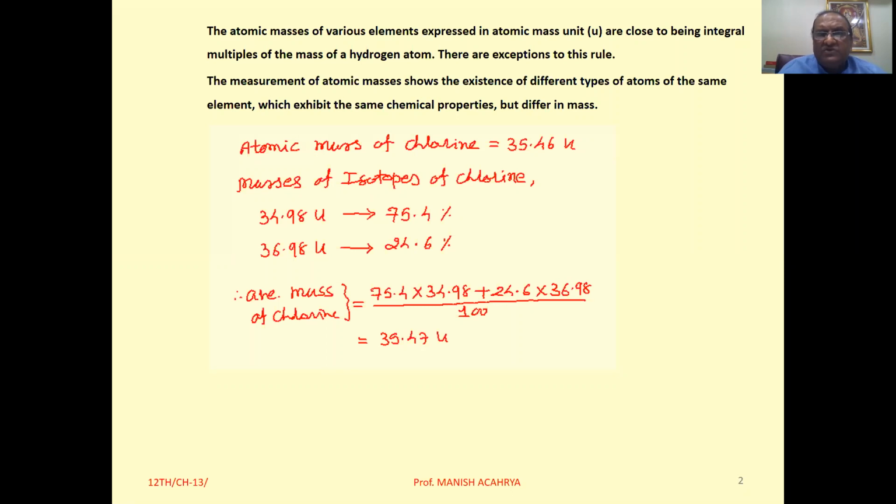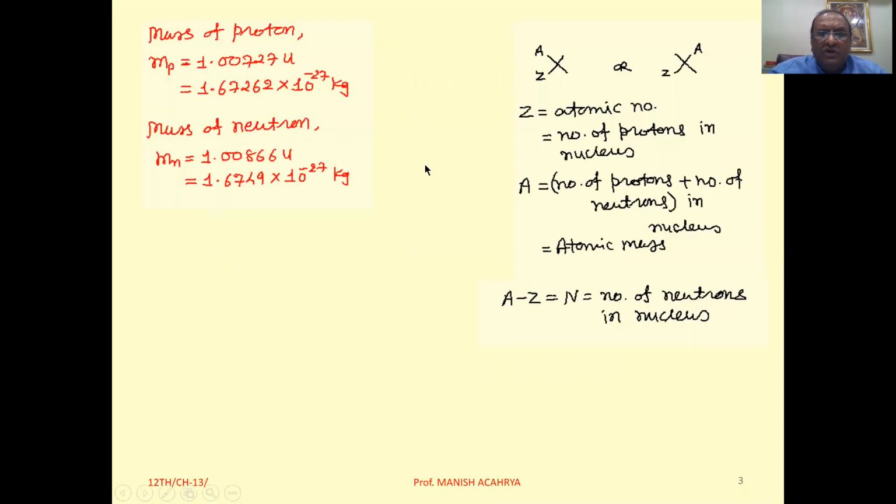The mass of proton is 1.00727 u, and the mass of electron is 0.0055 u. But the mass of hydrogen to deuterium to tritium is in the ratio 1:2:3. Clear?